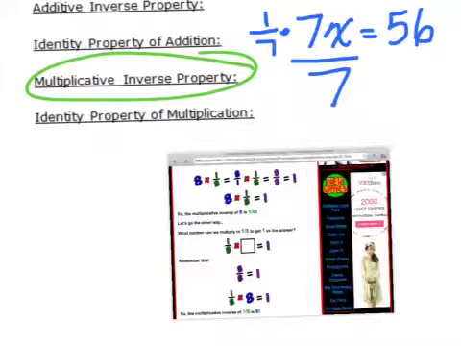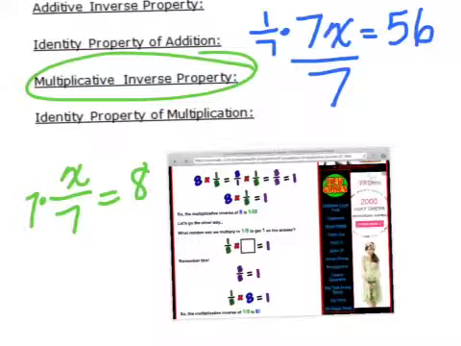Or if I take x divided by 7 equals 8, then my multiplicative inverse would be, if this is 1/7, multiplying both sides by 7. And so both of those are how the multiplicative inverse sneaks its way into our solving equations.